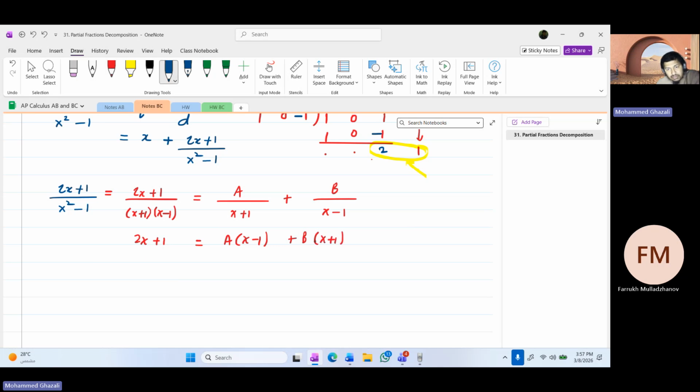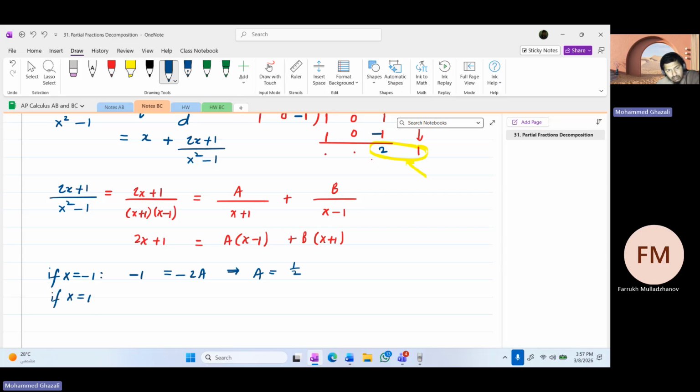Now, if x is equal to negative 1, you can see what falls out. If x is equal to negative 1, b falls out. That's minus 2 plus 1, which is minus 1, is equal to negative 2a. So this implies the value of a is equal to half.